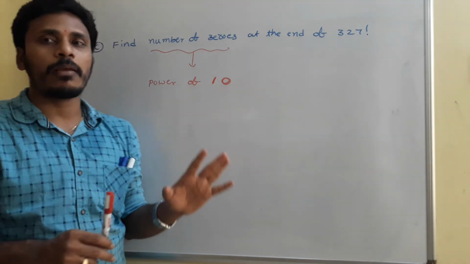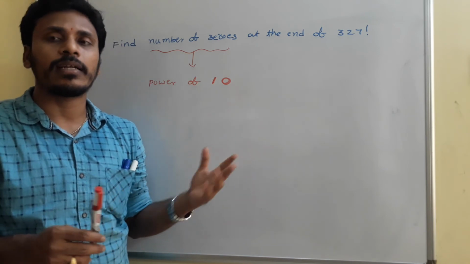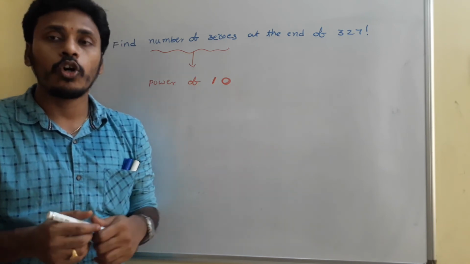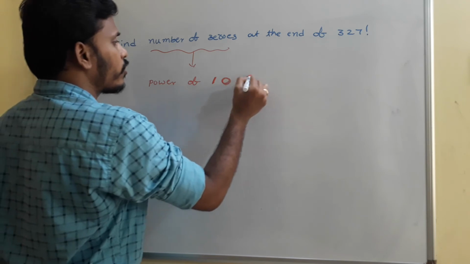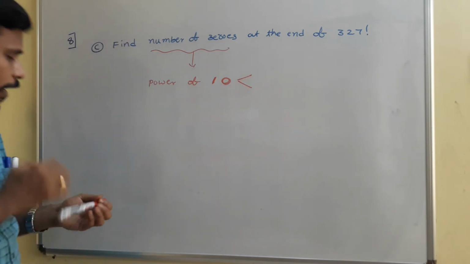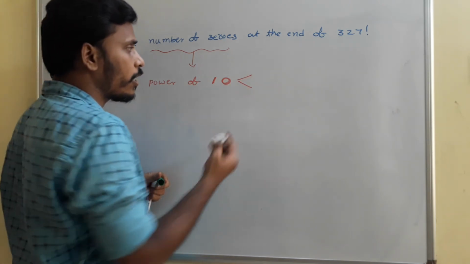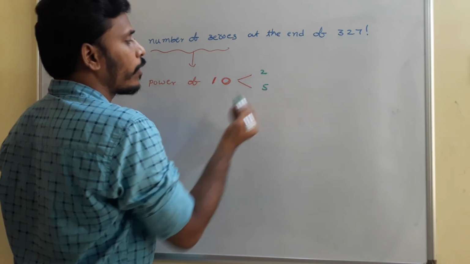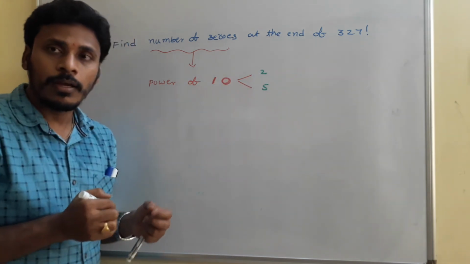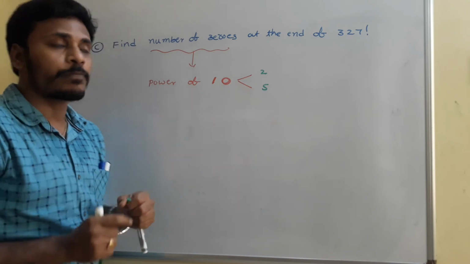Since 10 is not a prime, if you apply it directly you will sometimes get a mistake. So you need to think about the 10. This 10 is a combination of 2 and 5, so you need to search for powers of 2 as well as powers of 5.